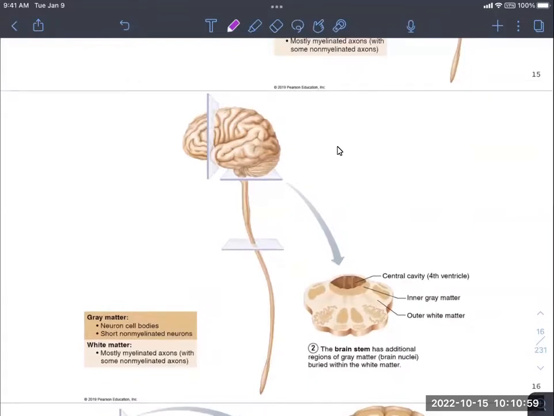You can see the different parts of gray matter throughout with white matter surrounding it. All of these parts of gray matter make up some of the different nuclei that do specific jobs. Like some of these nuclei help with breathing, making sure you're getting enough oxygen to flow through your blood.